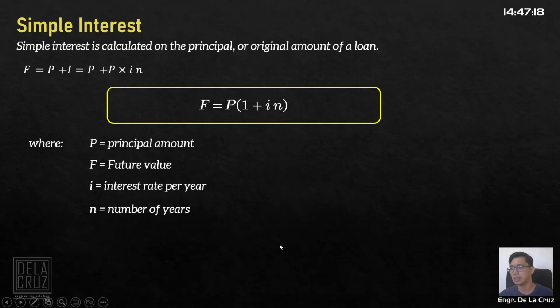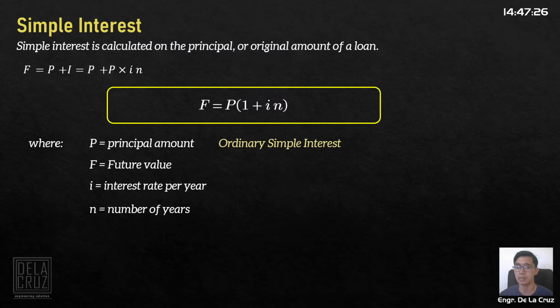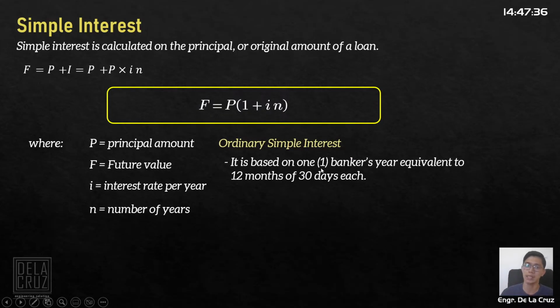Sa simple interest, meron tayong tinatawag na ordinary and exact simple interest. Yung kaibahan lang dito is the number of days in a year. For ordinary simple interest, it is based on one banker's year, equivalent to 12 months of 30 days each.